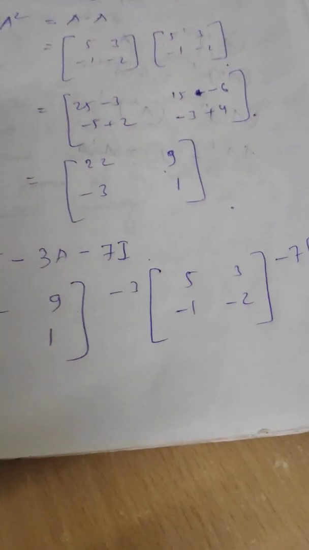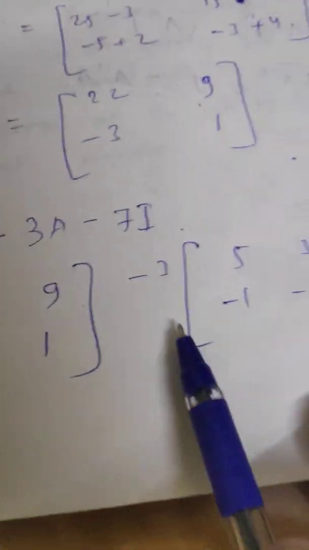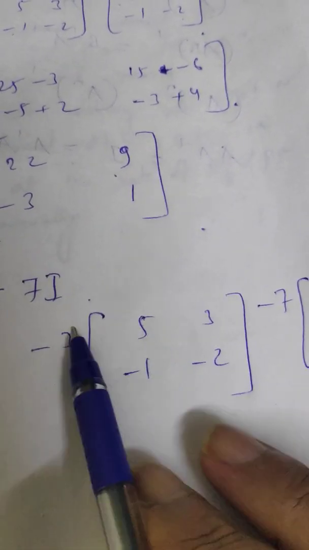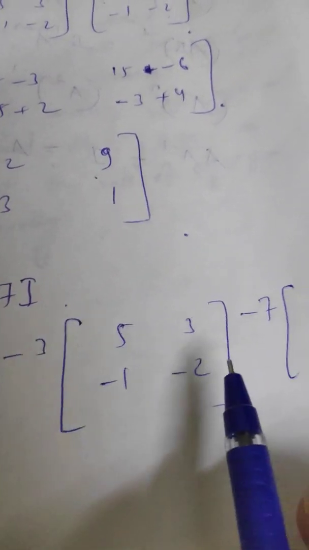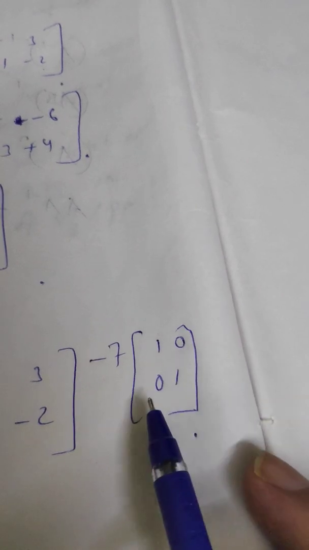Now 22, 9, minus 3, 1, then minus 3 into A: 3 fives are 15, 3 threes are 9, 3 minus 3 minus 6, keeping the minus outside. Then minus 7, 0, 0, 7.